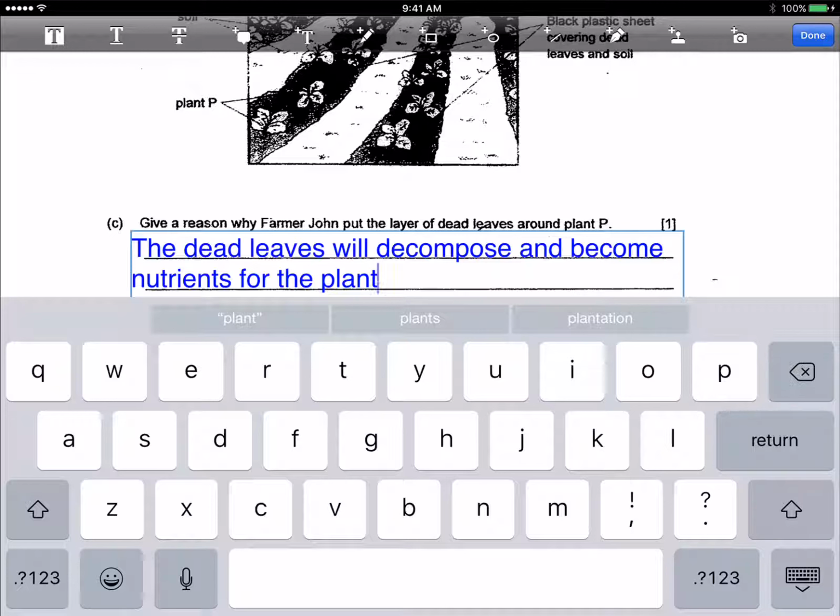Fertilizer instead of nutrients. Fertilizer can, but you must say they decompose and become nutrients or fertilizers for the plant.